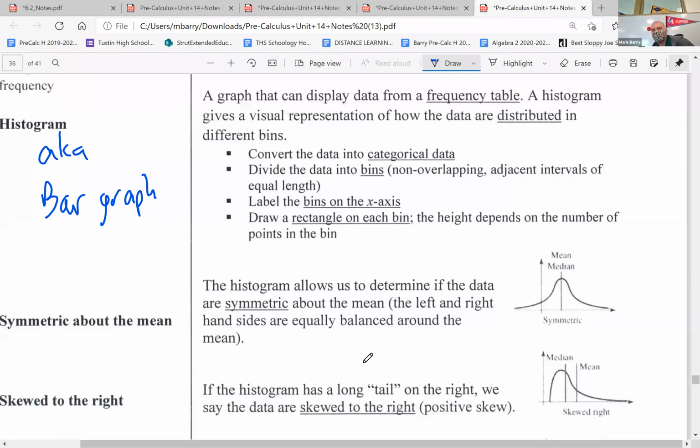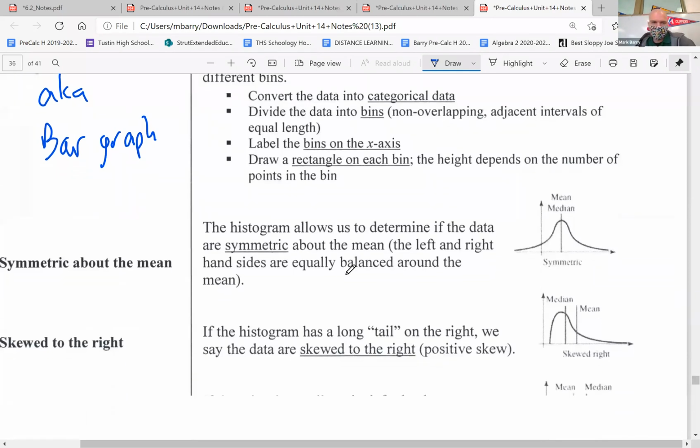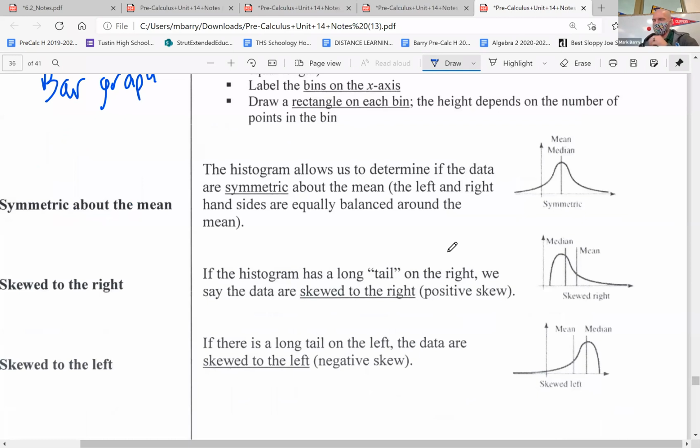Okay, all right. Next thing we're going to talk about is the shape of these histograms. All right, and we have three main shapes here. There are some that don't fit into any of these three categories, but these are just kind of our three main ones. So the first one's called symmetric.